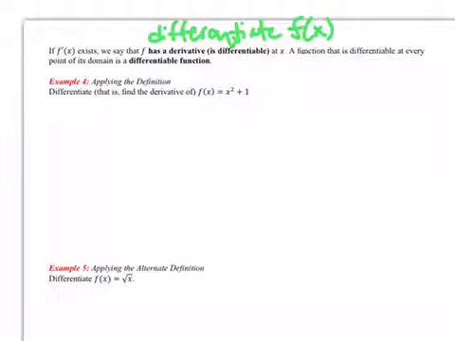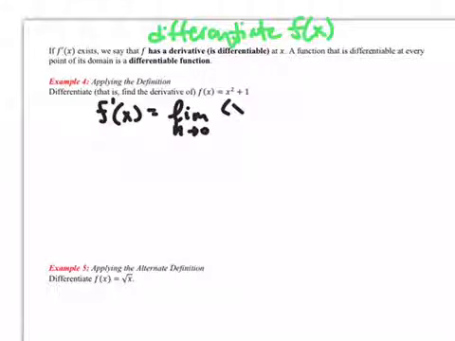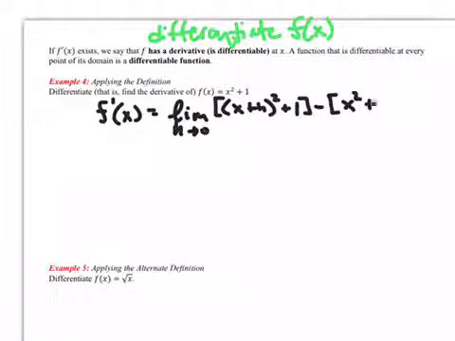So let's find f prime for x squared plus 1. So f prime of x, which is the derivative at any point x, is equal to the limit as h goes to 0 of f of x plus h, so it'll be x plus h quantity squared plus 1, that's f of x plus h, minus f of x, which is x squared plus 1, all over h.